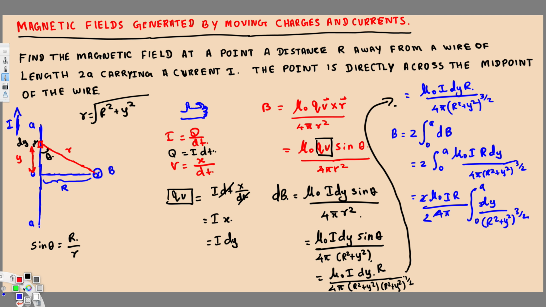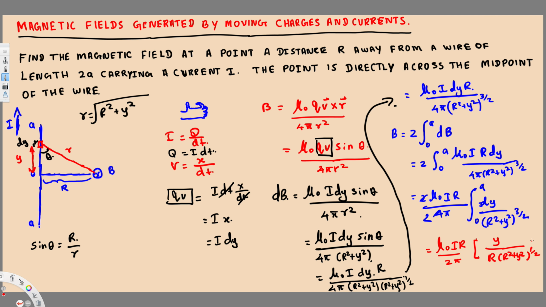Let's simplify this one. Now if we do the integration, this is going to be mu naught I r over 2 pi. If we integrate this one, this is going to give us y over r times the square root of r square plus y square, which is power half.